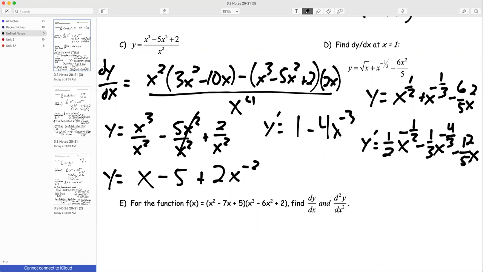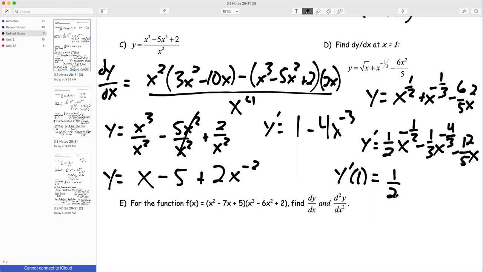And now I got to plug in 1. So I want y prime of 1. And what is 1 raised to the anything? It's just 1. It doesn't change. So if I plug in 1 here, 1 raised to the negative 1/2 is 1. And so I have 1 times 1/2, which is 1/2.